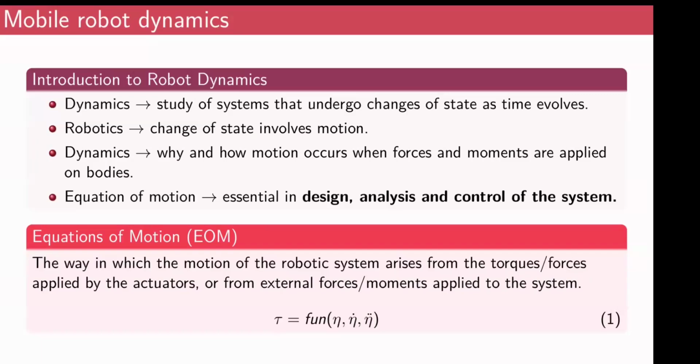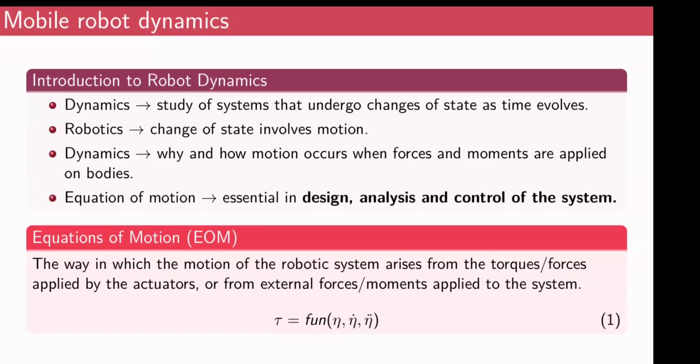All these things is what we are trying to find out using dynamics. And for that, what basically defines the dynamics of a mobile robotic system are its equations of motion, right? Deriving these equations of motion is essential to understand how the mobile robot states evolve with respect to time.